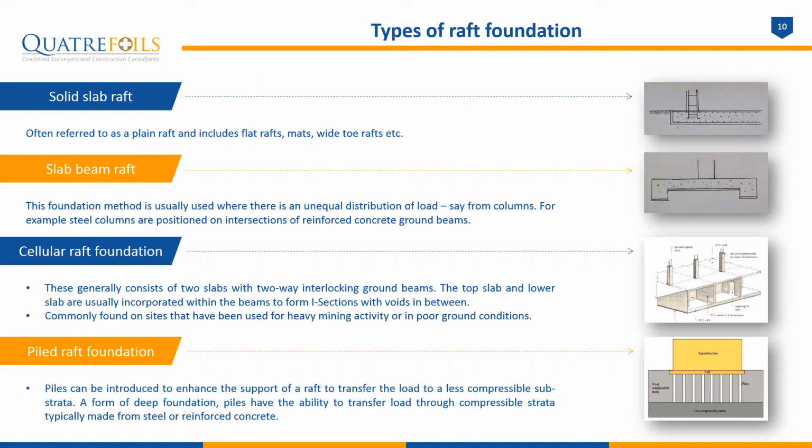These tend to consist of two or more slabs with two-way interlocking ground beams, the top and bottom slabs usually connected with I-sections in between. Lastly, at the bottom right of the page, we have a piled raft foundation. The raft itself acts similarly to a ground beam to transfer the load to less compressible substrata. This would be classed as a deep foundation.